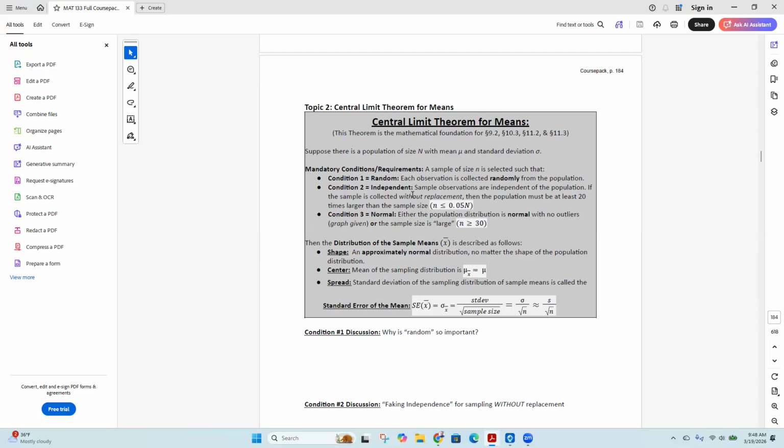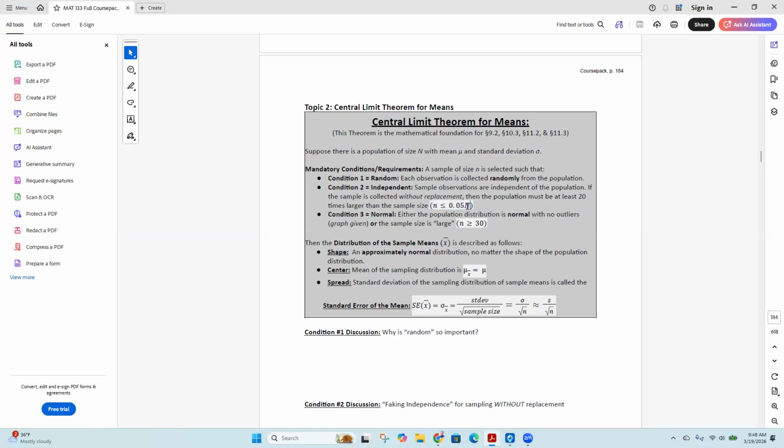Next is independent. Now, independent is the easiest one to check. For independent, you just have to make sure that your sample size is not too big. To check that, you want to make sure that your sample size, which is lowercase n, is less than 5% of the population.